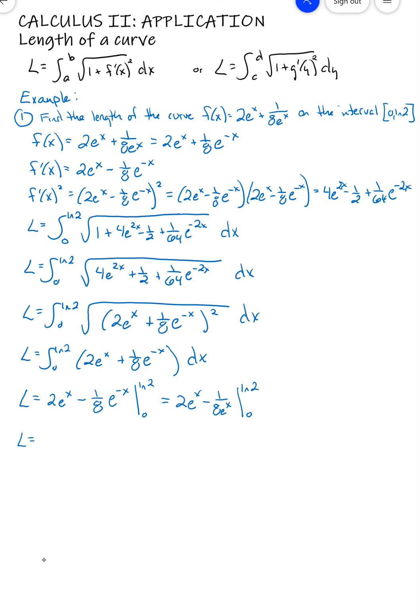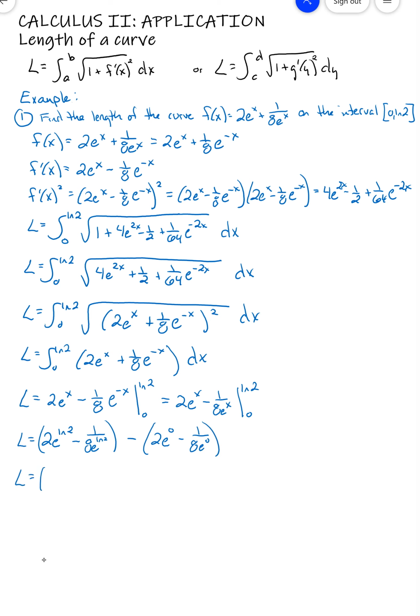And so let's see, that gives us 2e to the natural log of 2. That's a 2, not a 12. 2e to the natural log of 2, that's going to be nice, minus 1 over 8e to the natural log of 2, minus 2e to the 0, minus 1 over 8e to the 0.